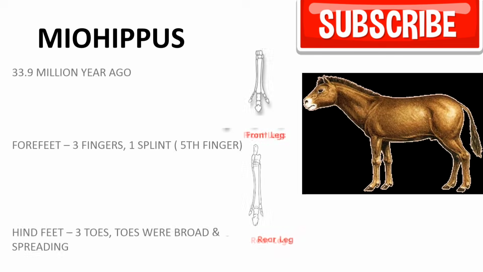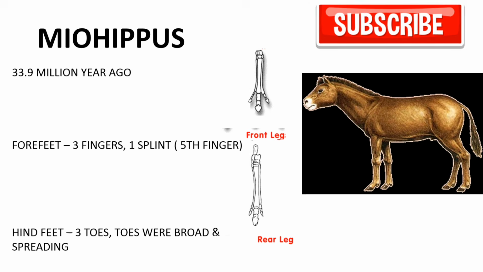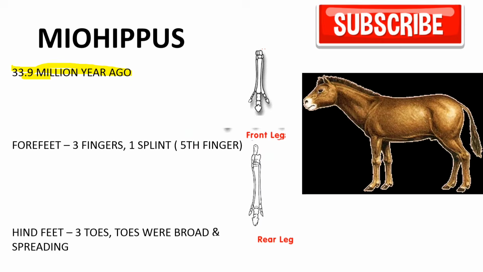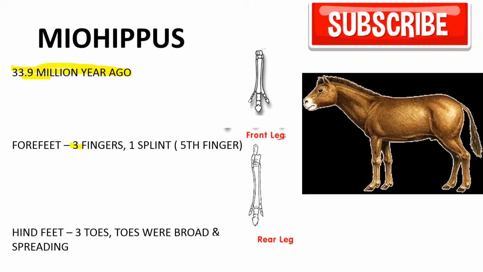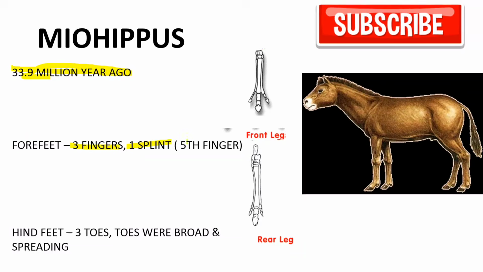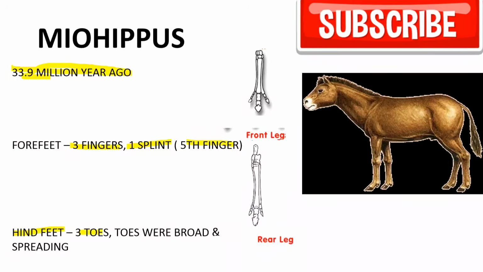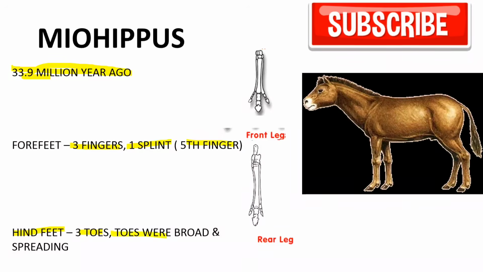So the next is Miohippus. Miohippus originated 33.9 million years ago. Its forefeet has 3 fingers, similarly 1 splint, the fifth finger is splint, and its hind feet has 3 toes, but now the toes were broad and spreading.